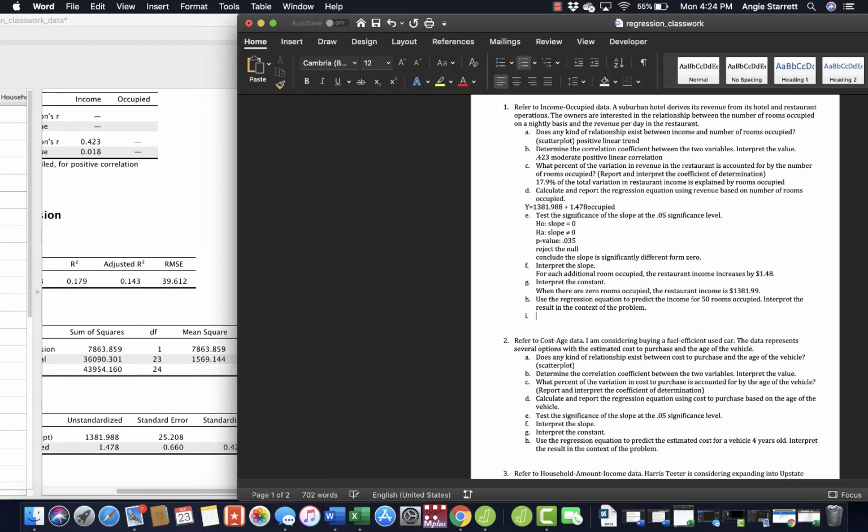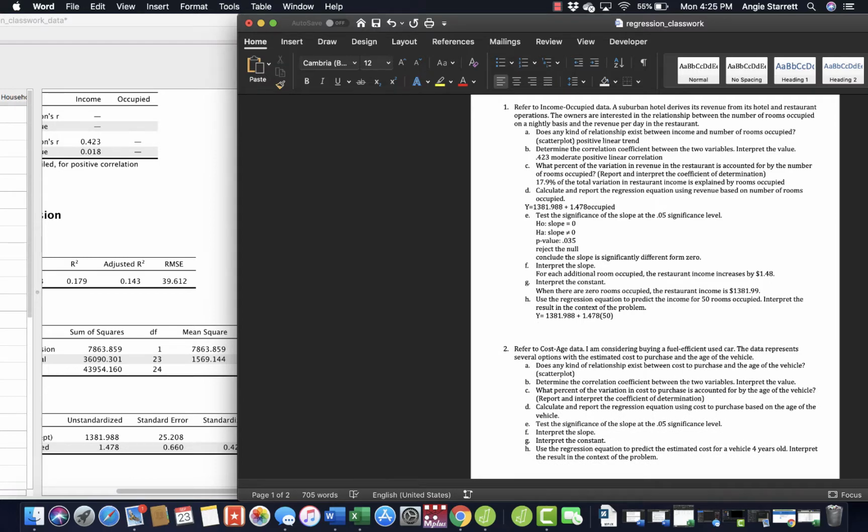All right, use the regression equation to predict the income for 50 rooms occupied. So we want to plug 50 into our equation. So we got our intercept plus 1.478 times 50. All right, and I'm pulling out my handy dandy iPhone.